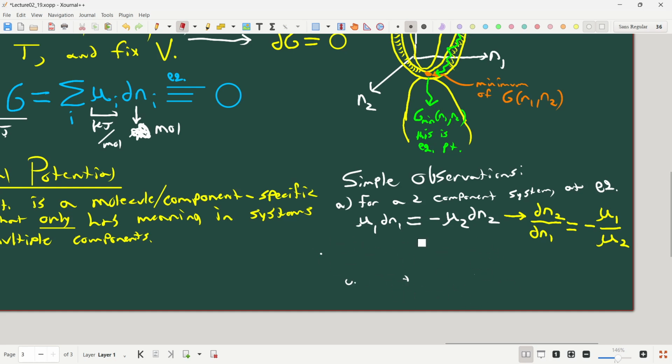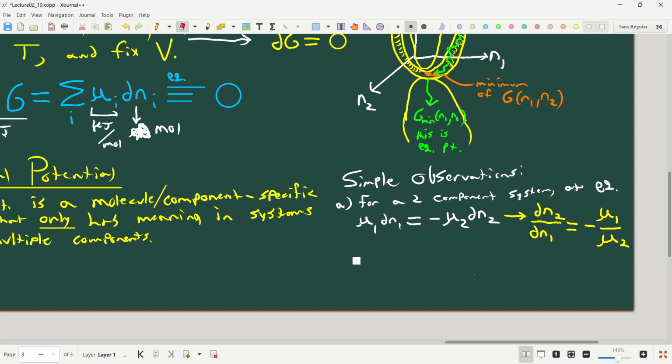All right, so we'll come back to that. Chemical potential is a little tricky. Imagine the system exchanges, say, 1 mole of 1 for 2 moles of the other. You lose 1 mole of 1 and gain 2 moles of 2. That would be a ratio of 2, and that says the chemical potentials are related by a factor of 2 as well. If the system wants to make more 2 than 1, if dN2 is larger than dN1, that means the chemical potential of 1 is larger than the chemical potential of 2.